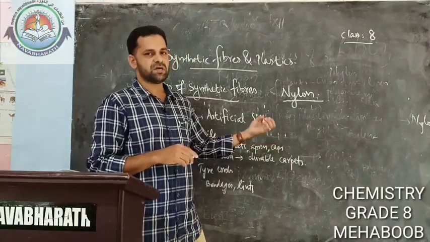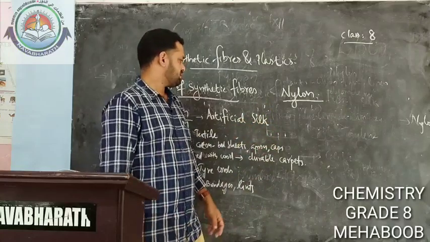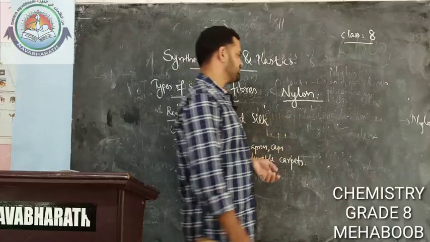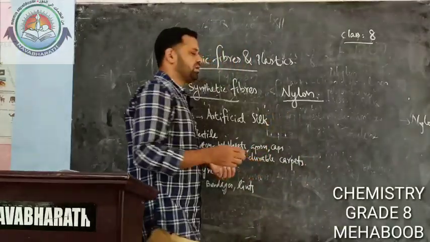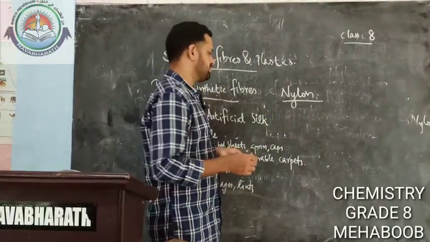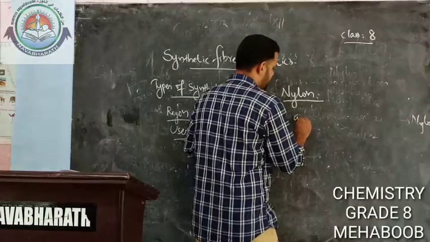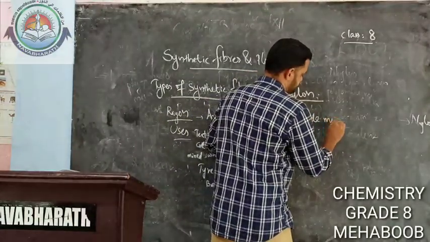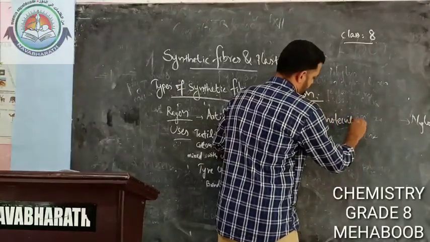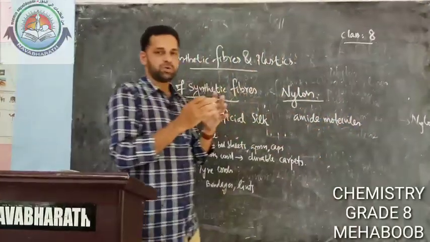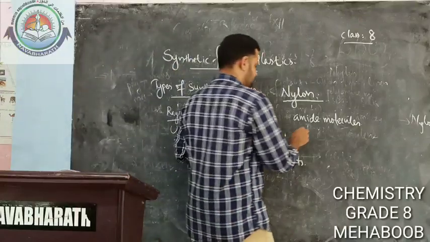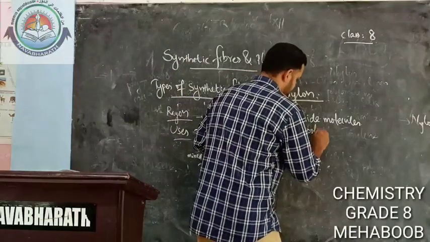It is the first artificial or synthetic fiber made by humans. And we know nylon is formed by the polymerization of amide molecules. Many amide molecules combine to form nylon. So it is also called a polyamide.